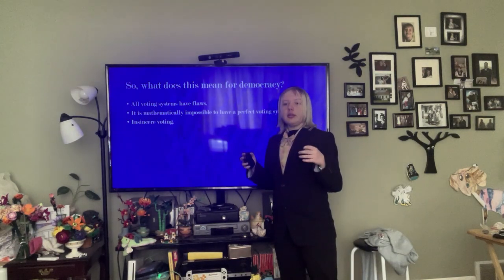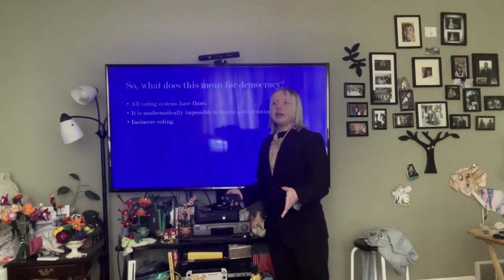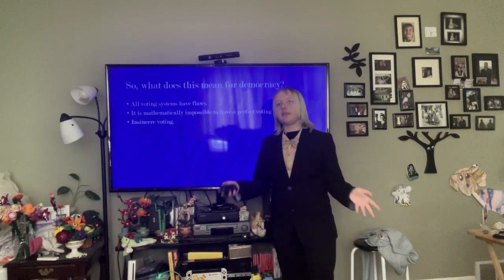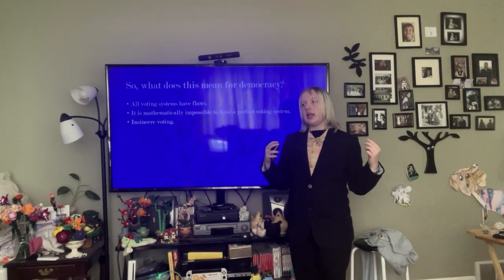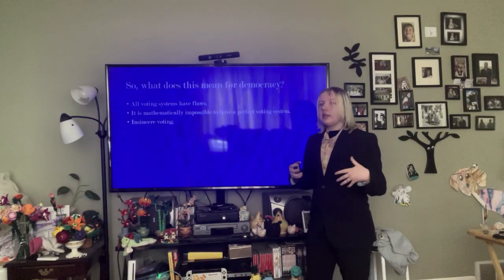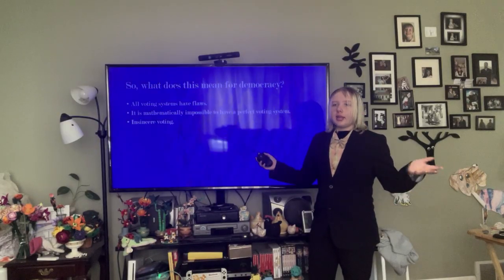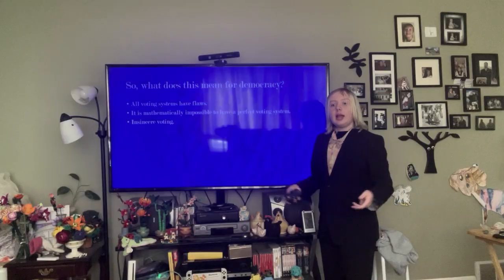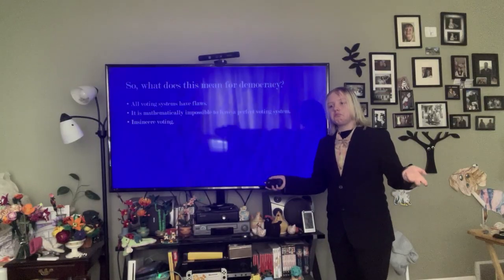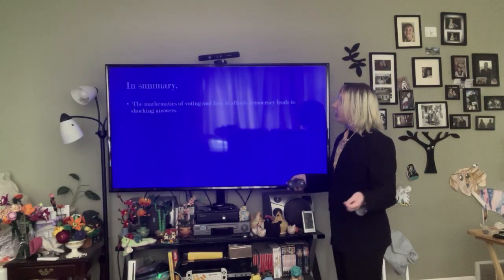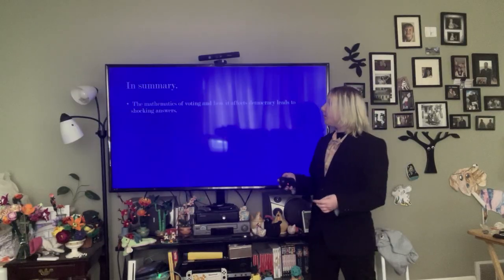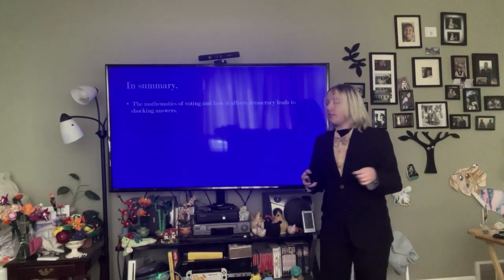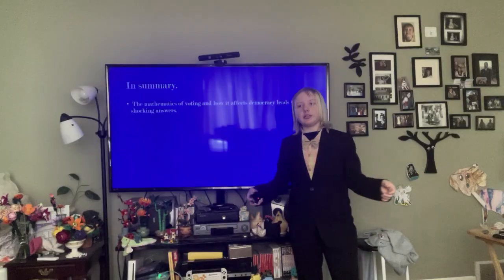So, it tells us that there is no perfectly fair democracy, and that there never will be. And that's okay. In summary, the mathematics of voting and how it affects democracy leads to shocking answers.